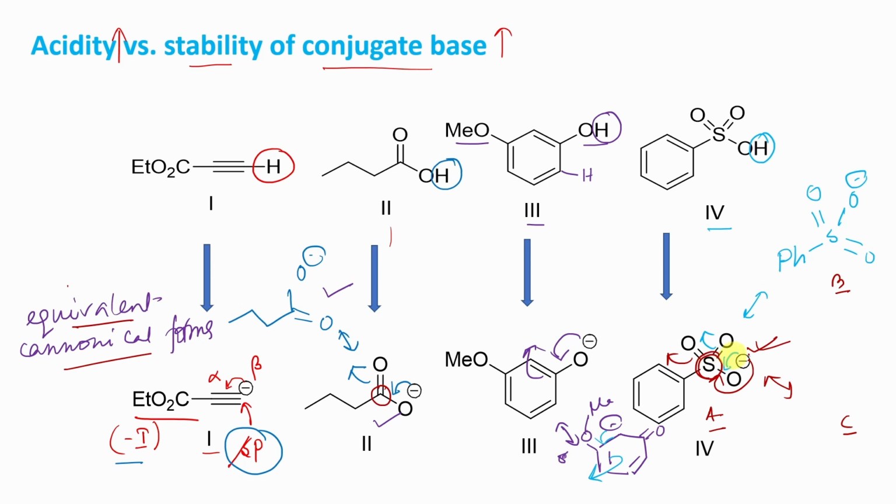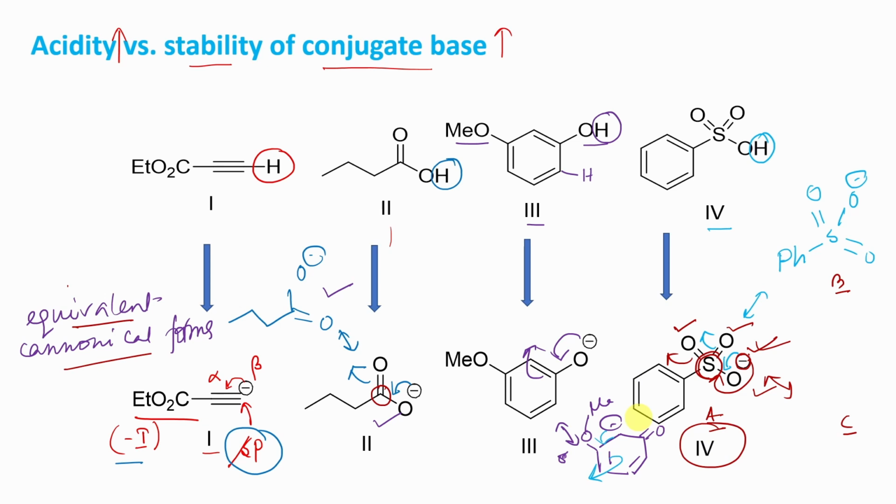And in this case, with 3 equivalent canonical forms, this negative charge is delocalized equally over these 3 oxygen atoms. The higher the delocalization, the higher the stabilization, and among all these you can expect that the O- in option 4 is maximally delocalized, so it is maximally stabilized.